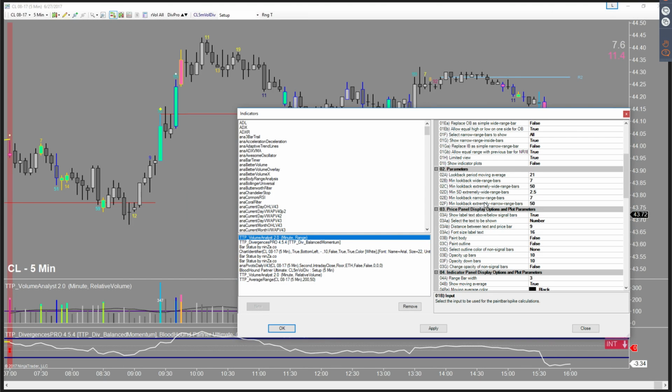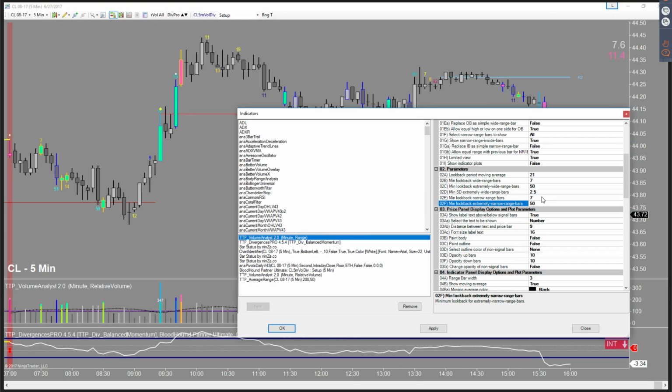And then you have variations of those. You have inside bars, and then you have outside bars, okay? So you can set the minimum look back here to begin looking for wide range, and the minimum look back for extremely wide range, or minimum look back for narrow range or extremely narrow range.